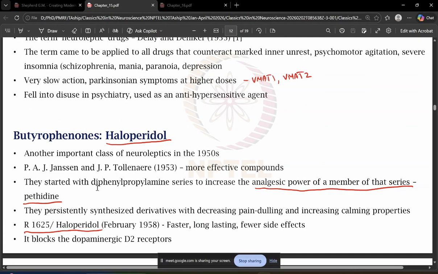So they decided to start with the diphenylpropylamine series.